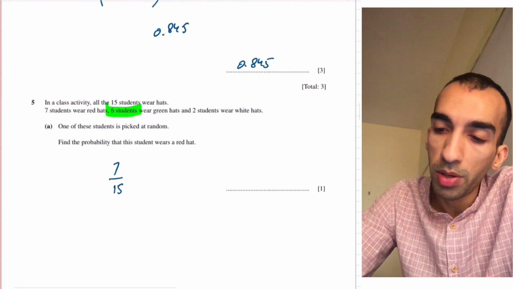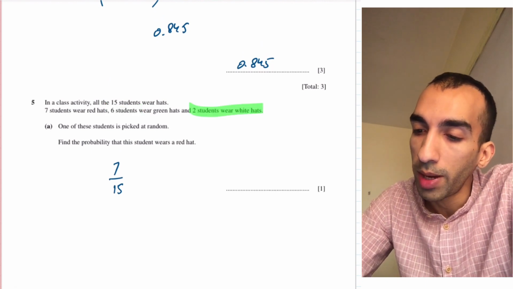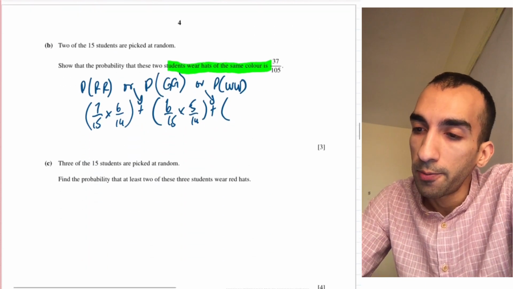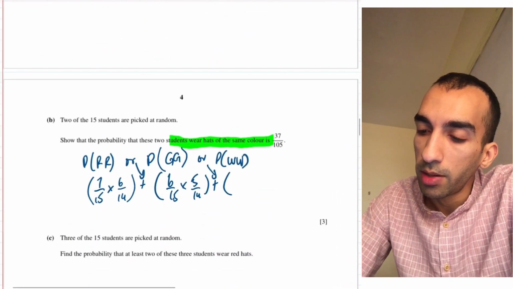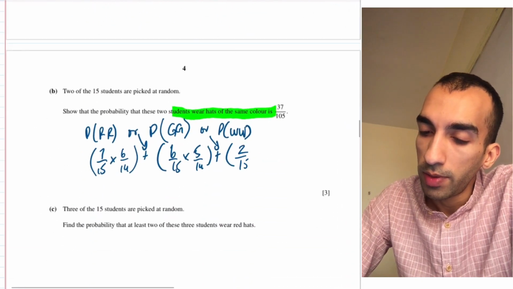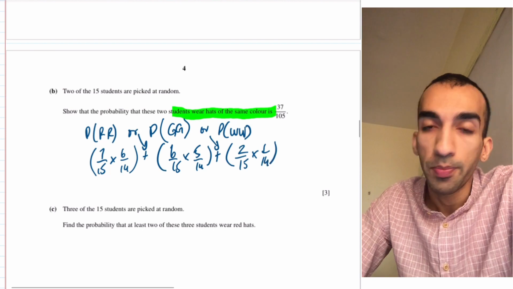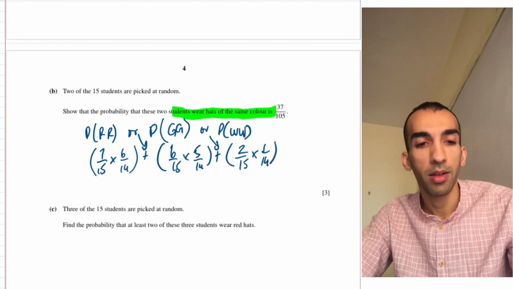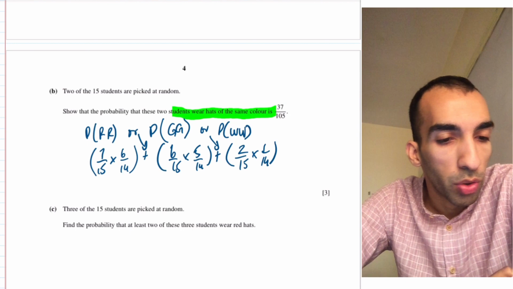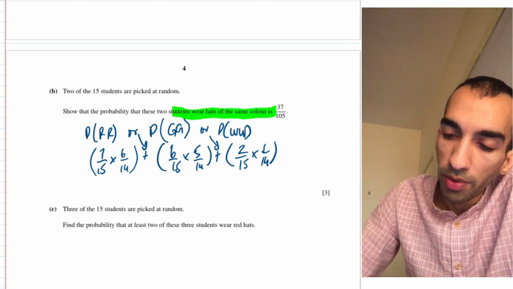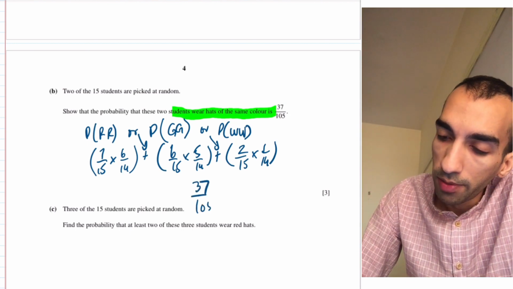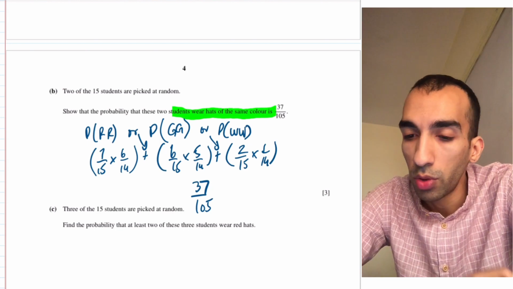Now we're studying the probability of selecting 2 students at random, back to back, who are wearing white hats. How many students wear white hat? 2. So 2 by 15 into 1 by 14. If and when we add that, we should get, if I'm not wrong, 37 by 105. That is our answer. You can plug that into a calculator.